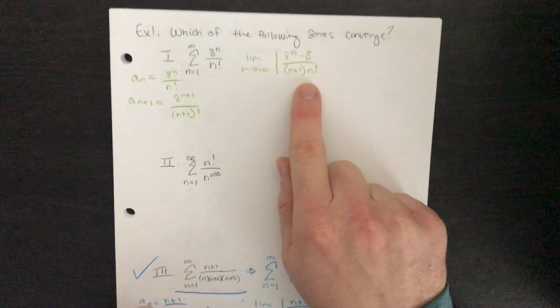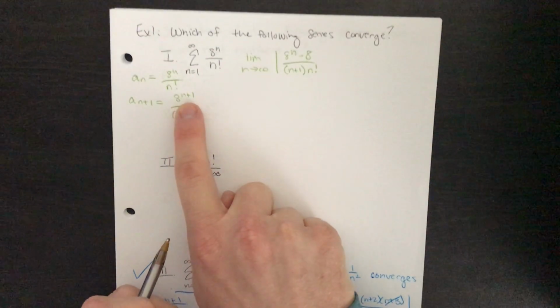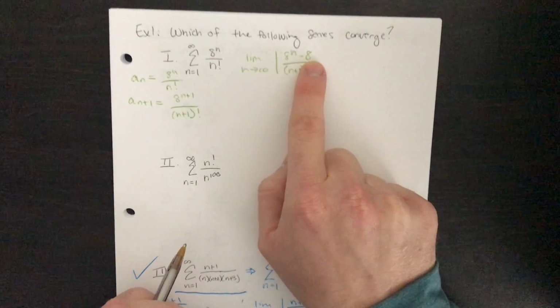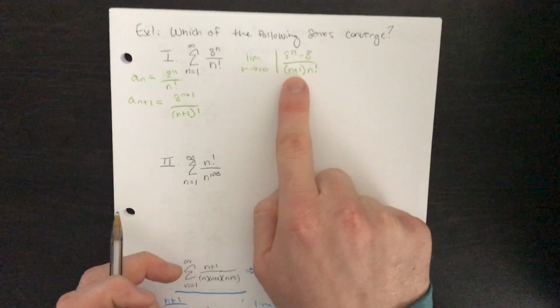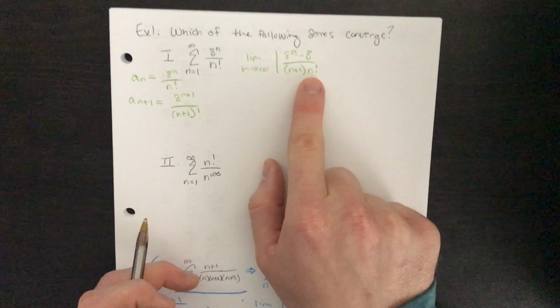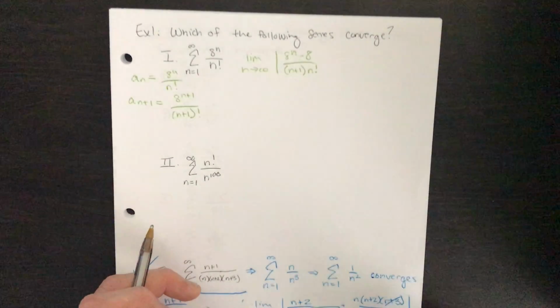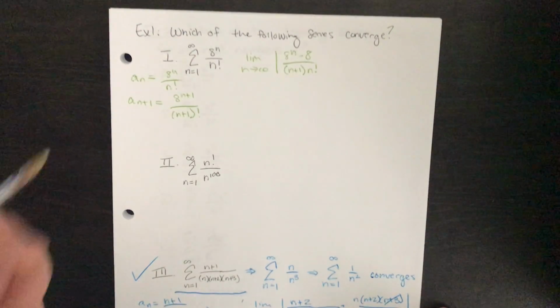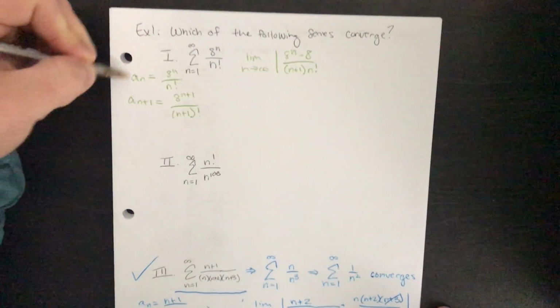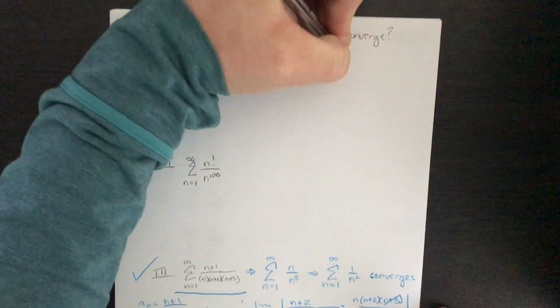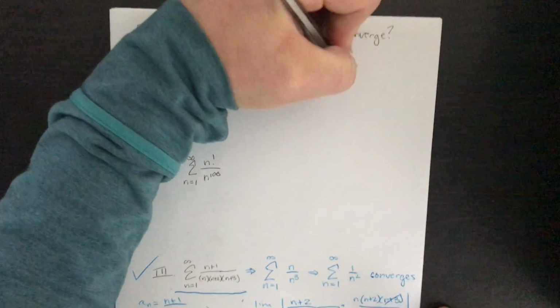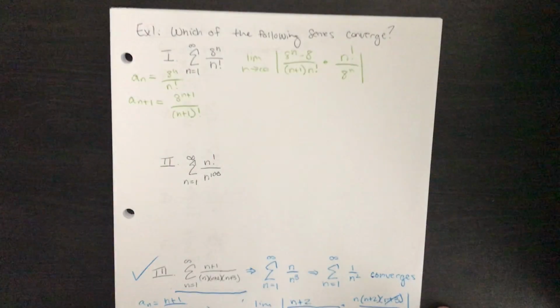You're totally okay to do that. So 8 to the n plus 1 just becomes 8 to the n times 8, and n plus 1 factorial becomes n plus 1 times n factorial, because it's all the consecutive numbers below multiplied together. So a sub n as a reciprocal puts n factorial on top and 8 to the n on the bottom.